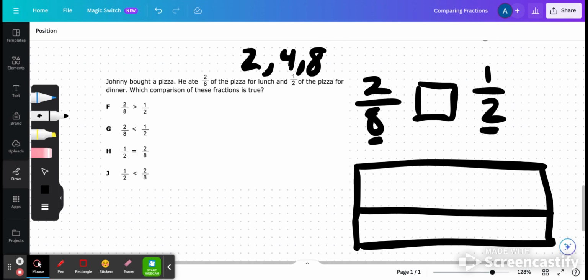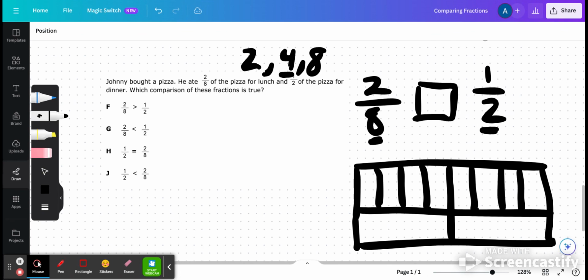First, I'm going to divide both bars in half. Now I can represent 1/2 here at the top or the bottom. And then for 2/8, I'm going to continue on to get to eighths. I'm going to divide those halves in half to get fourths, and now I can take my fourths and divide those in half to get eighths.